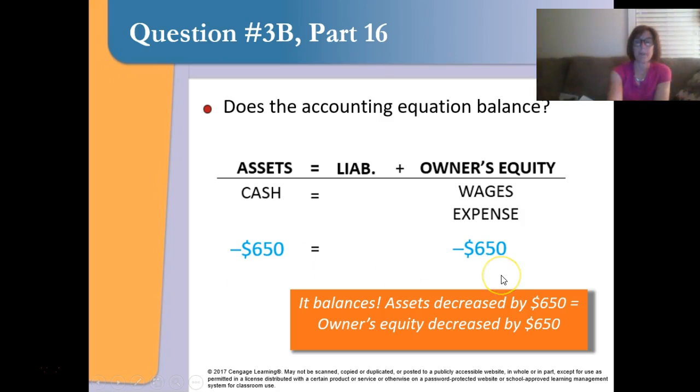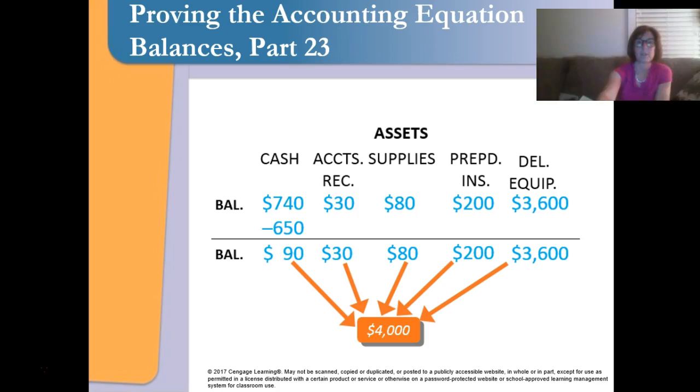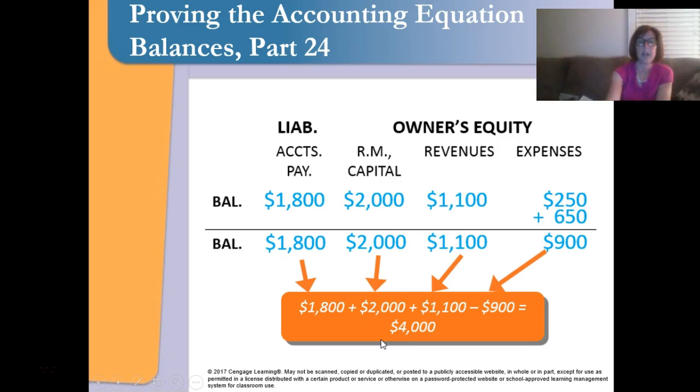So we remain the same on both sides of the equal sign. Our asset situation has now gone down by the $650 that we paid out in wages. And on the right side of the equation, we have an additional $650 in expenses to charge against our revenue.